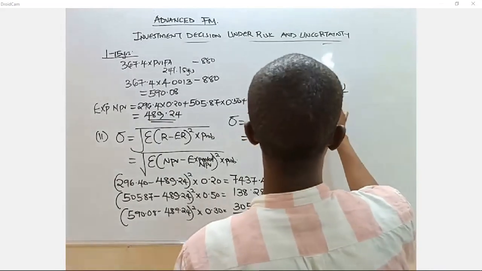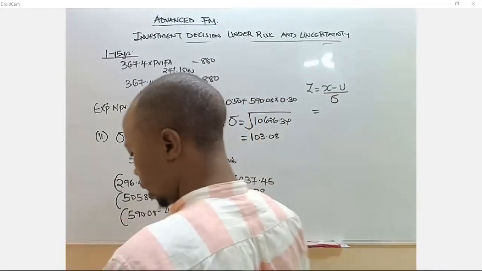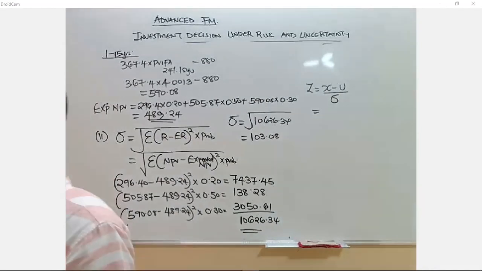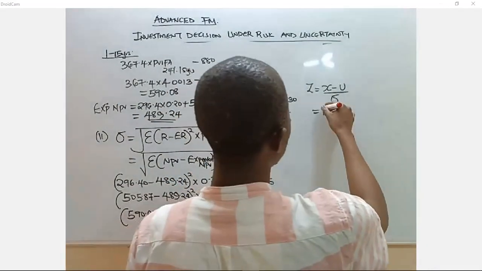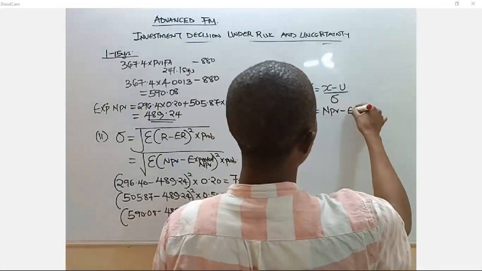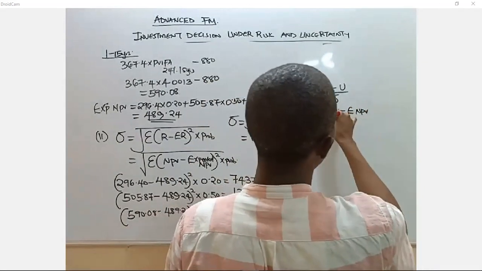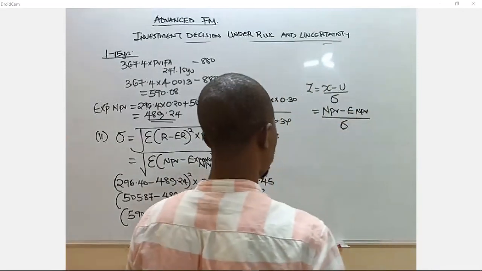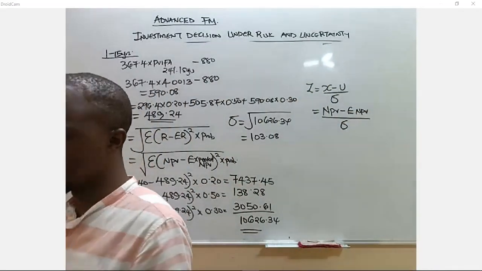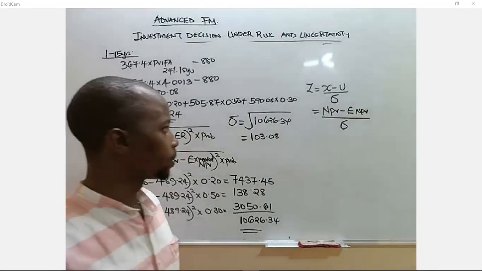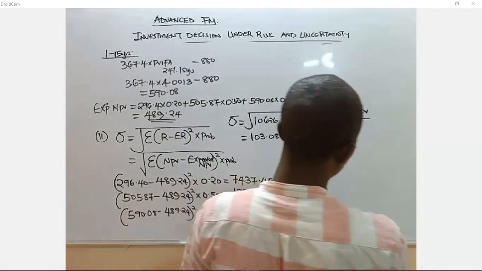But in this case, we are going to be using NPV minus expected NPV, then you divide by our standard deviation. Remember, here you must use the normal distribution table so that you can get whatever the examiner wants.